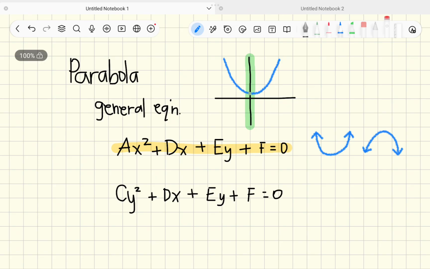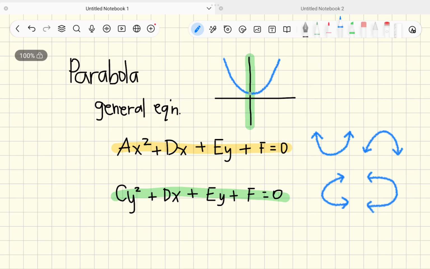So the axis of symmetry is either vertical or horizontal. For the general equation defined by ax squared plus dx plus ey plus f equals 0, your axis of symmetry will be here, and also here. On the other hand, for parabolas with the general equation of cy squared plus dx plus ey plus f equals 0, this is either facing right or left.